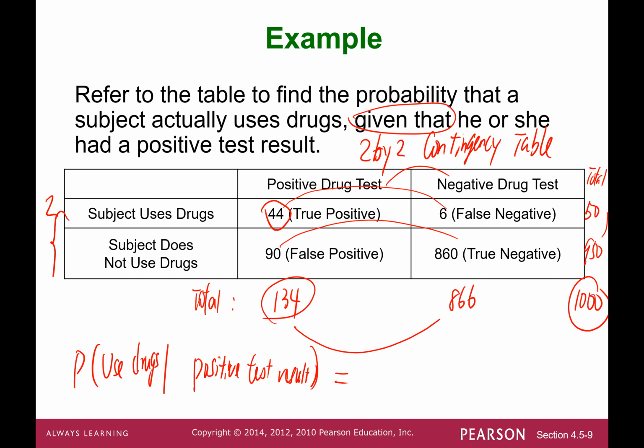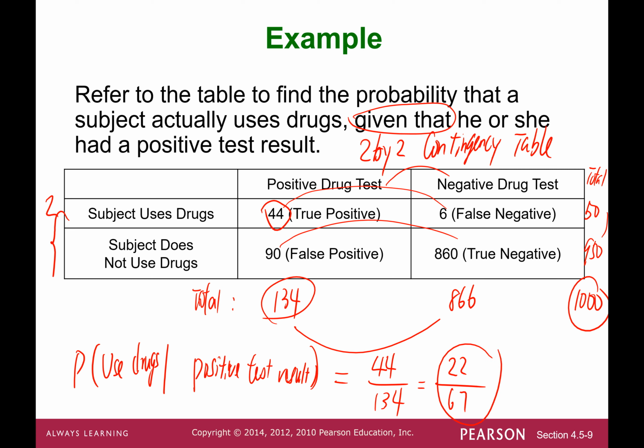So basically we just find the percentage of the people who use drugs under this category of positive drug test. So it'll be 44 over 134. And if you simplify this, it will be 22 over 67.